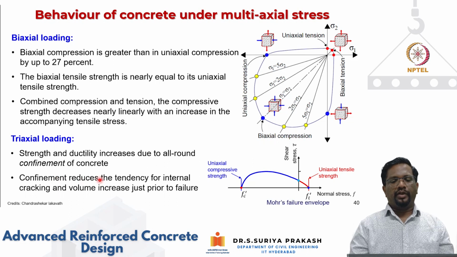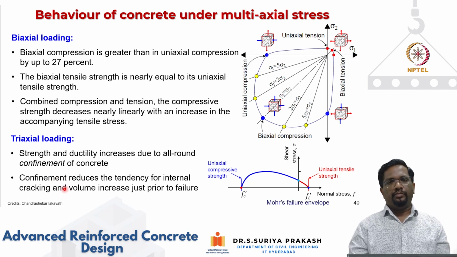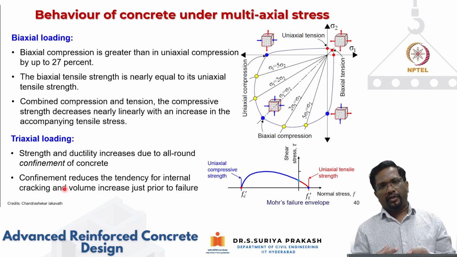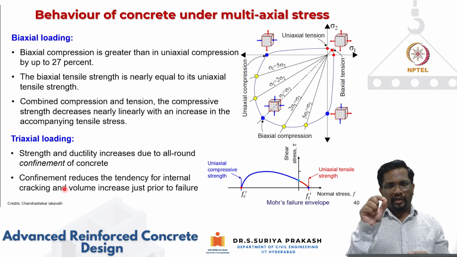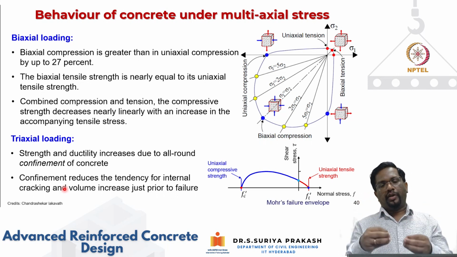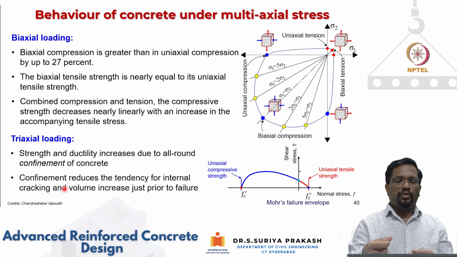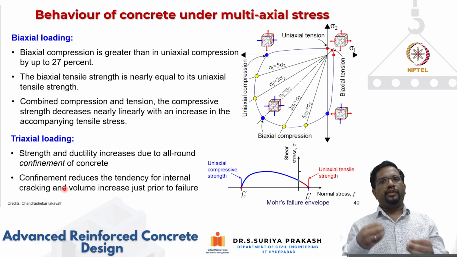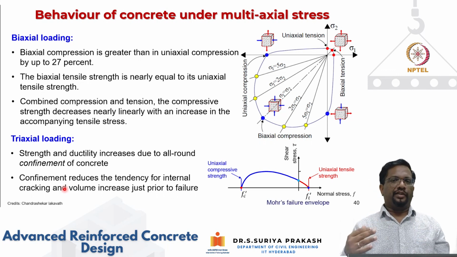This confinement reduces the tendency of internal cracking because, as we have seen in the mechanism of failure for a concrete cylinder in compression, first the bond cracks will form, then extend, and then the mortar cracks will form. Then bond cracks and mortar cracks will join together and reach a level of critical stress.